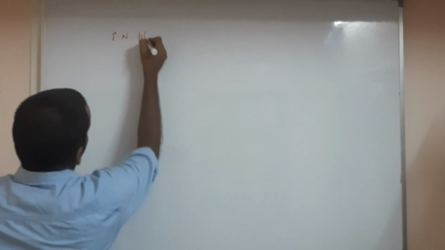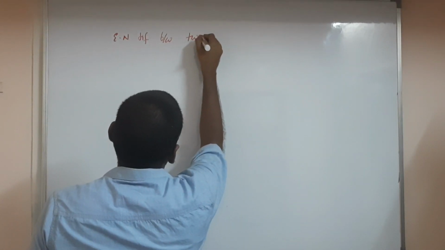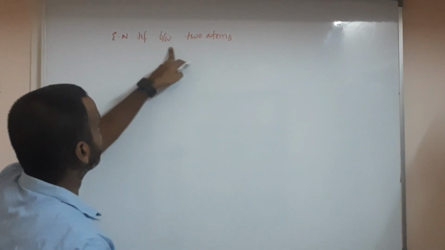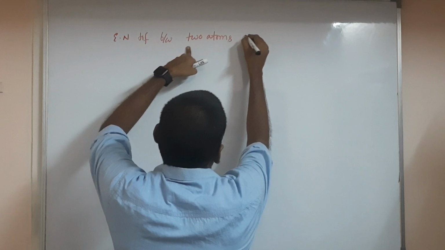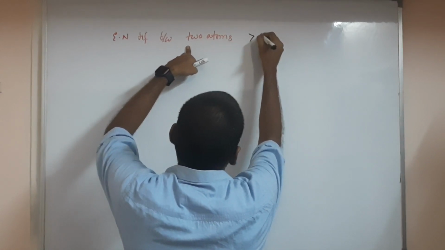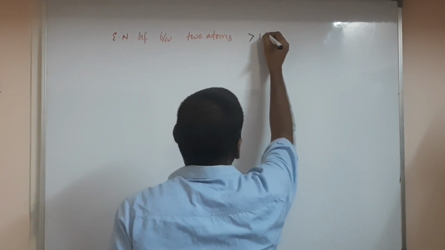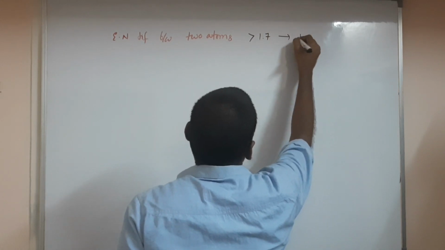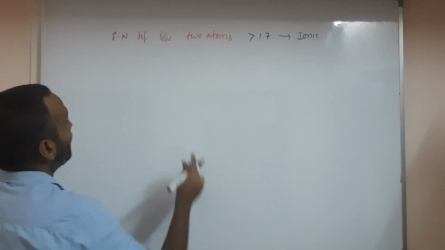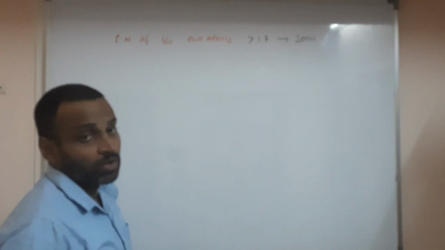Electronegativity difference between two atoms, if greater than 1.7, we call that ionic. If you have electronegativity difference greater than 1.7, then the bond is called ionic.